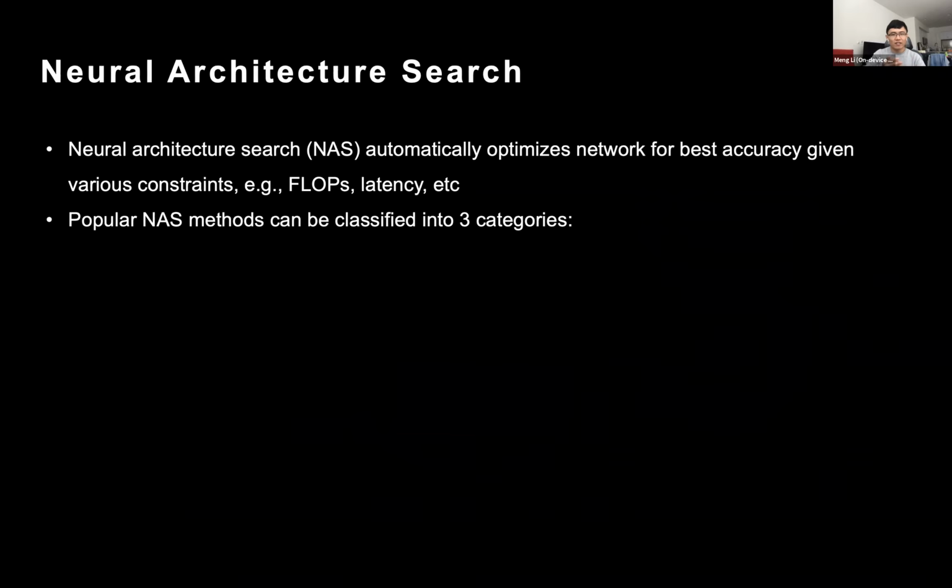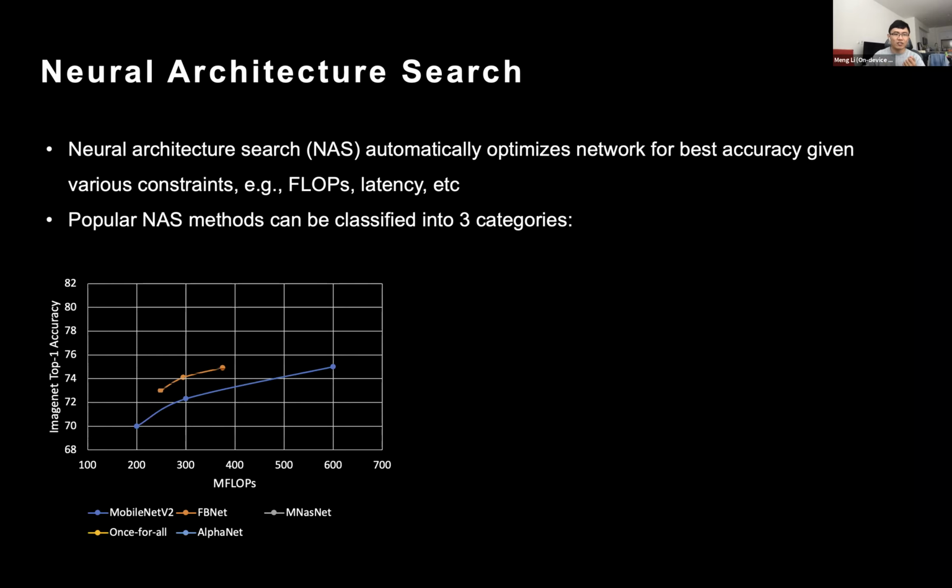Neural architecture search is proposed to help automatically optimize the neural network for best accuracy, given a bunch of constraints on FLOPs, latency, and number of parameters, for a variety of backbones and a variety of backend hardware. It has been widely used for hardware-aware model optimization. Since NAS was first studied back in 2017, it has been improved quite a bit over the last several years.